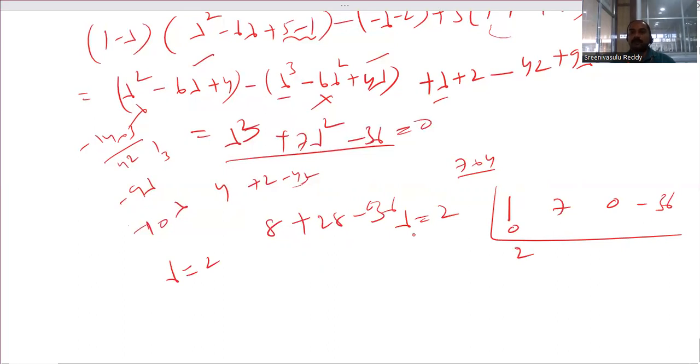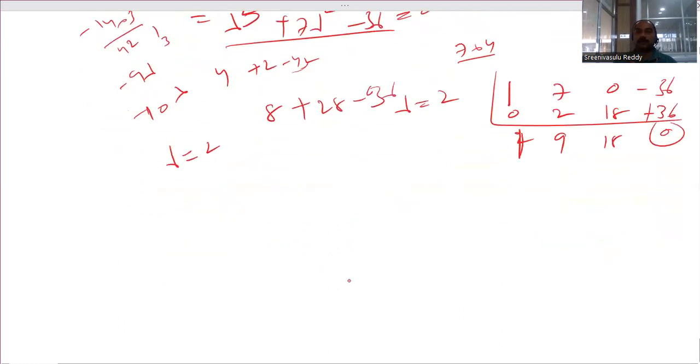So 1 into 2, 2, adding these two 9, 9 into 2, 18, adding these two 18, 18 into 2, 36, adding these two, we get 0. Therefore, the factorization of this equation is lambda minus 2 into lambda square plus 9 lambda plus 18. So what about these two roots?